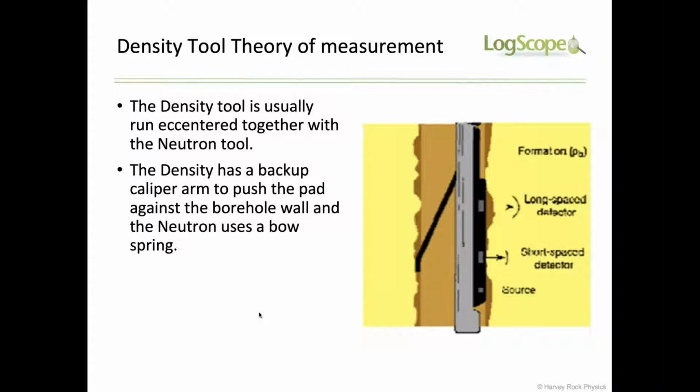The density tool is usually run eccentered and is basically pushed against the borehole wall. So it has a caliper on it, and it also has a long and a short space detector, and the difference between the two of those is called delta rho, the difference between the long space and the short space detector.